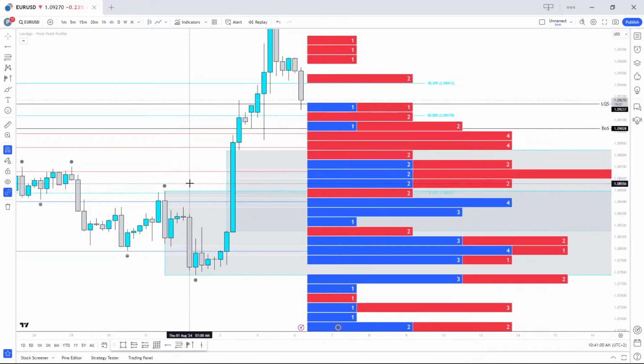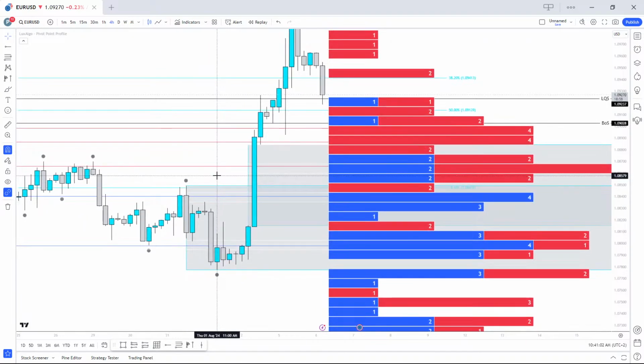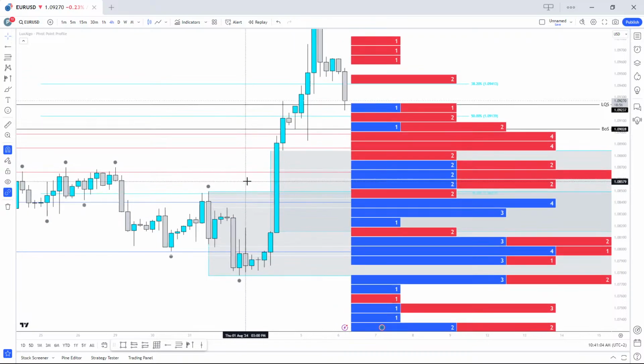Actually, the pivot points are. But we still need to count fair value gaps as good reversal areas, because what price needs to do is go back to the fair value gap, fill the missing activity here, and then go back up.